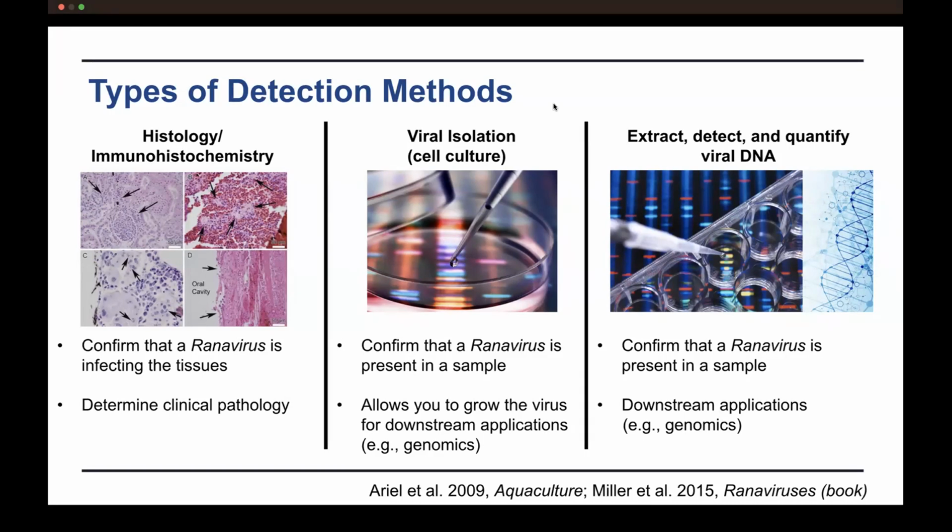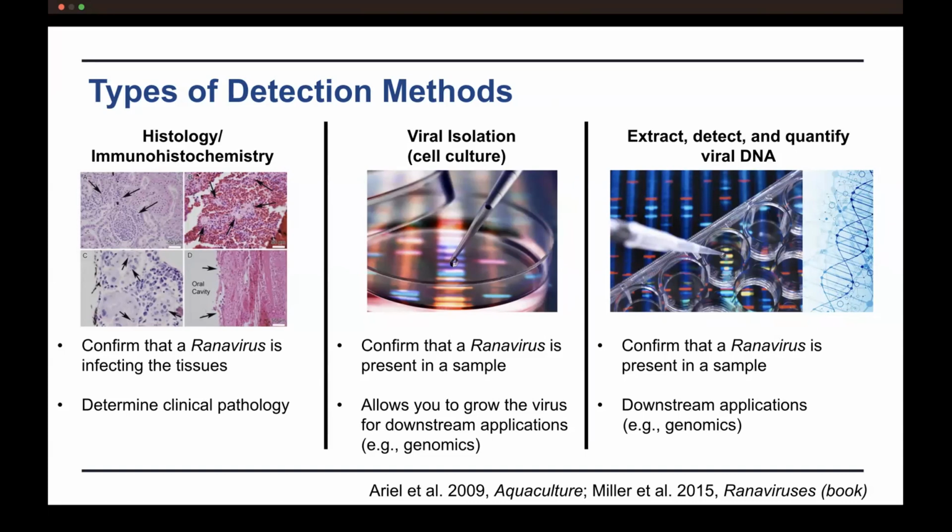Another detection method is through viral isolation on cell culture, which Greg talked a little bit about. But this, again, helps confirm that a ranavirus is present in a sample. So if you have a sample like a tissue or other type of sample, you can try to isolate the virus and grow it on cells in the lab.